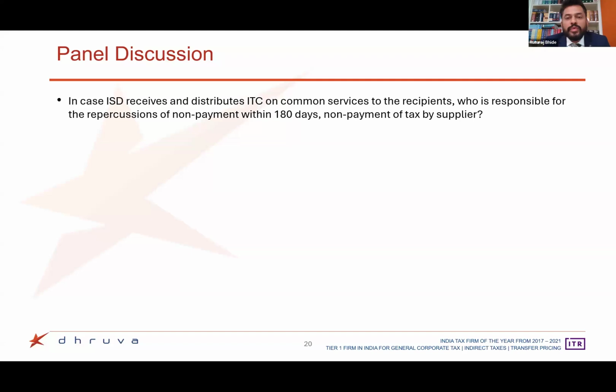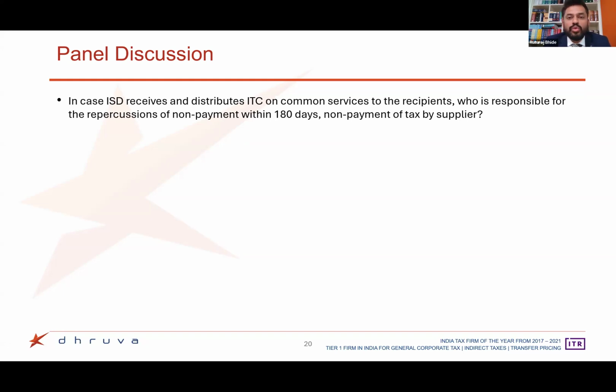Another question, and I think this is very, very important and rather complex to handle administratively, is that today when I take credit in my regular registration, I'm aware that okay, I have crossed 180 days, I have not made payment to my vendors, and I'm required to reverse that credit temporarily, etc. So, all these Section 16(4) related conditions, Arun, one question that comes up is, in case of an ISD mechanism, how does it happen?